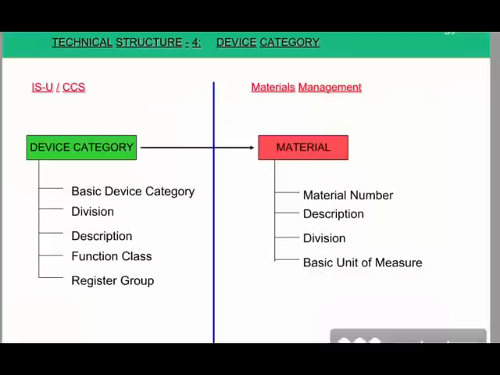This is how SAP ISU is linked to material management. Device category in SAP ISU is the material in material management. Device category has a few attributes like basic device category, division, description, functional location, and regional register group, and the material in material management has attributes like material number, description, division, and basic unit of measurement.